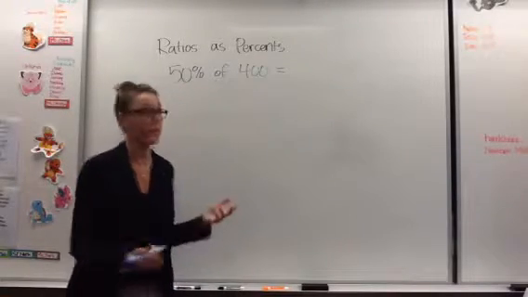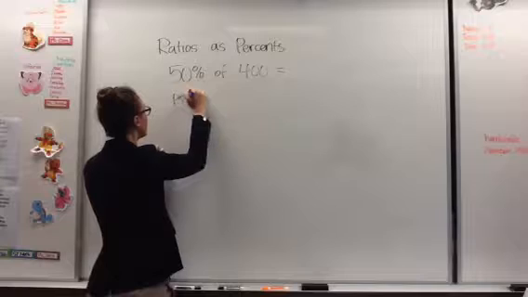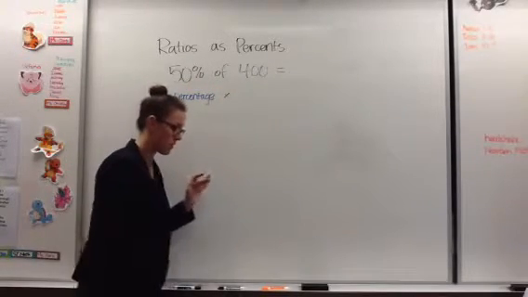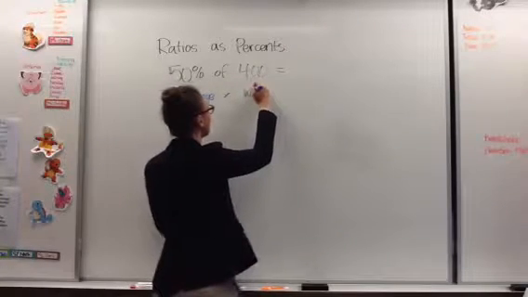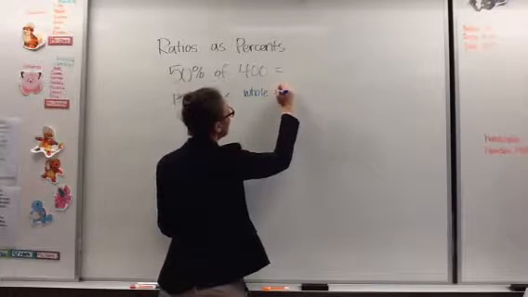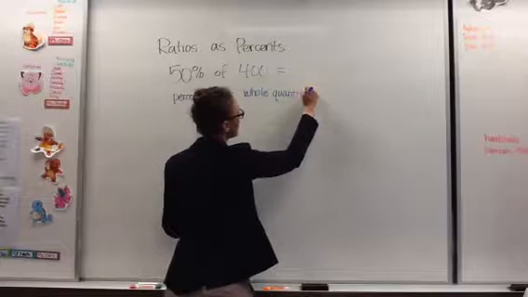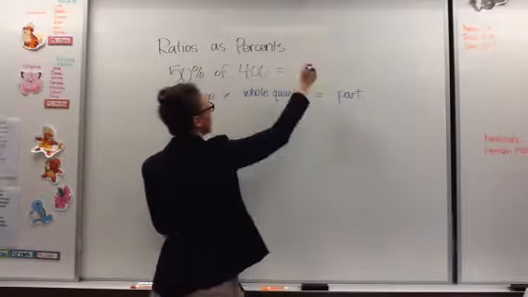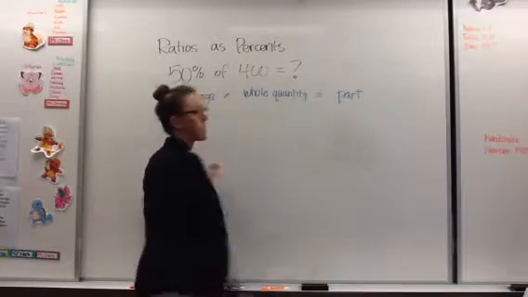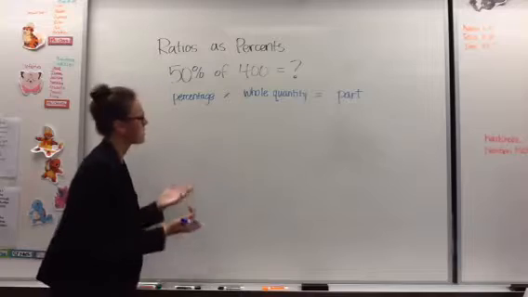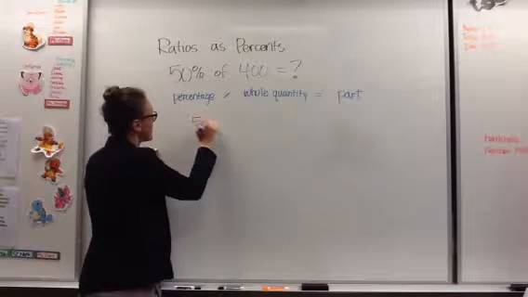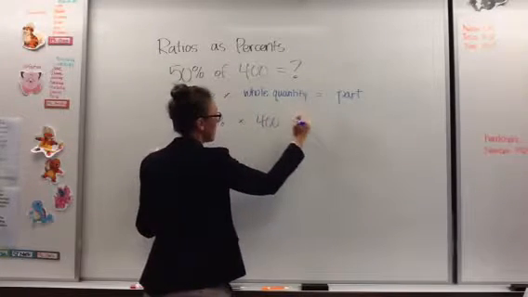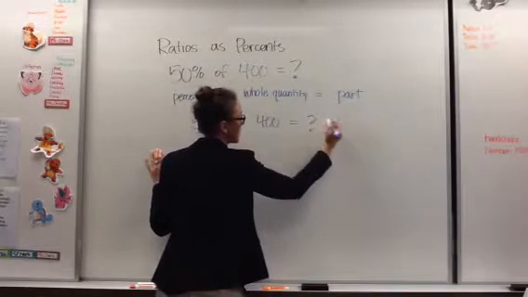What is that asking us? That's asking us percentage times the whole quantity equals the part, because we're trying to find the part. So another way you could write this is 50% times 400 equals the part.